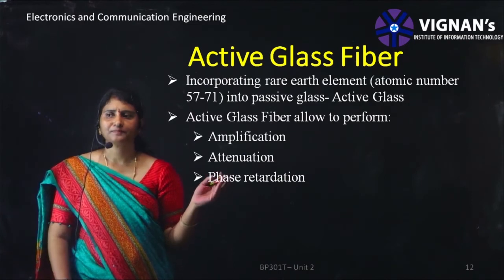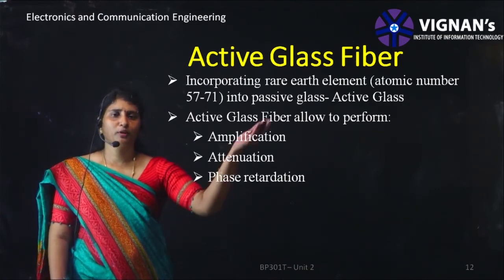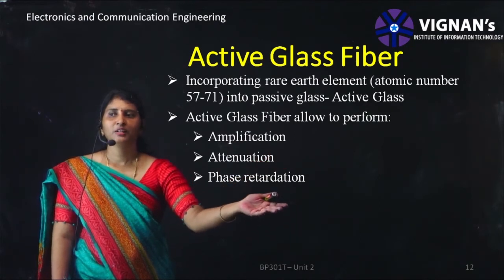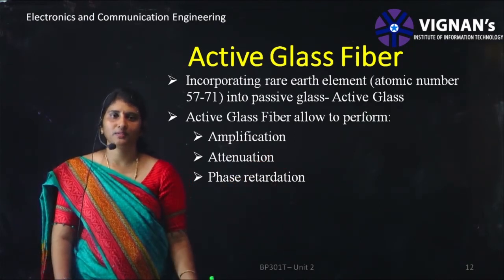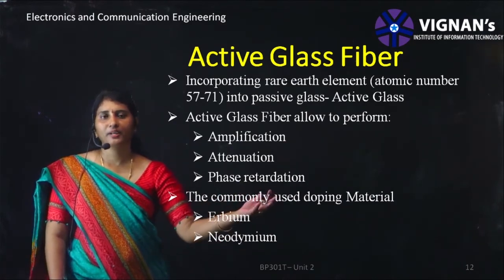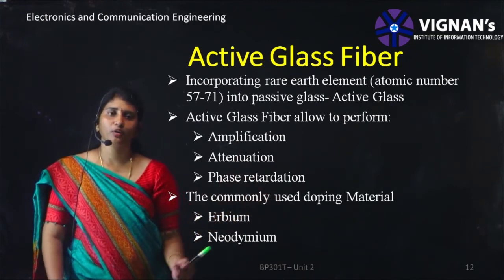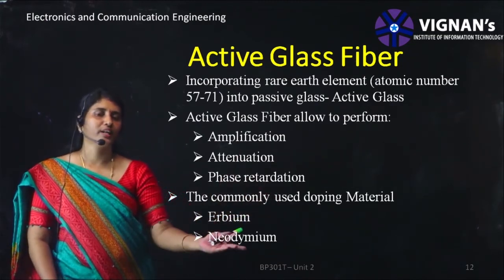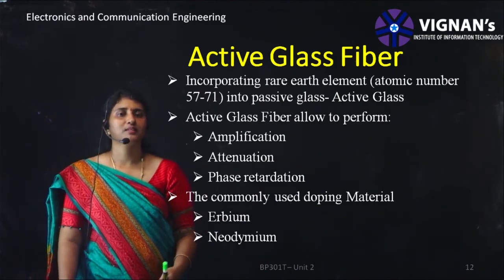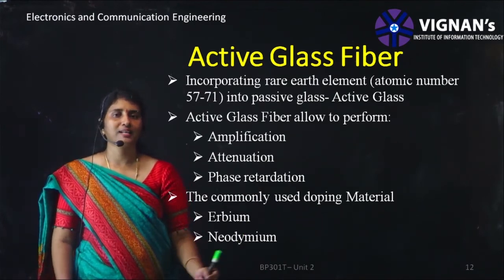They are used to perform amplification, attenuation and phase retardation even. The most available and used rare earth metals are erbium and neodymium. Neodymium and erbium are the two rare earth metals we generally use for combining with the silica to form an active glass optical fiber.